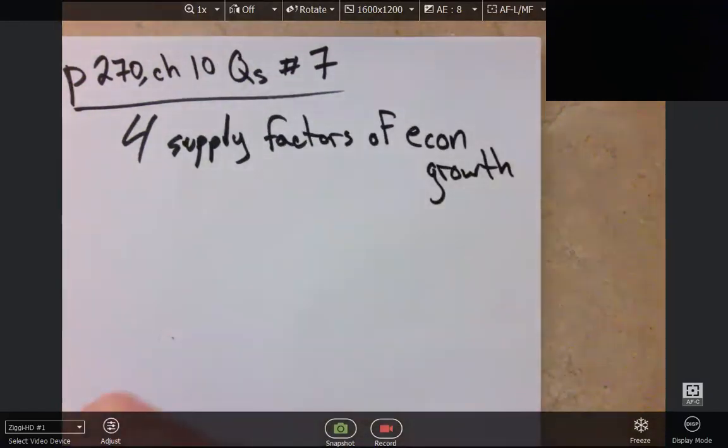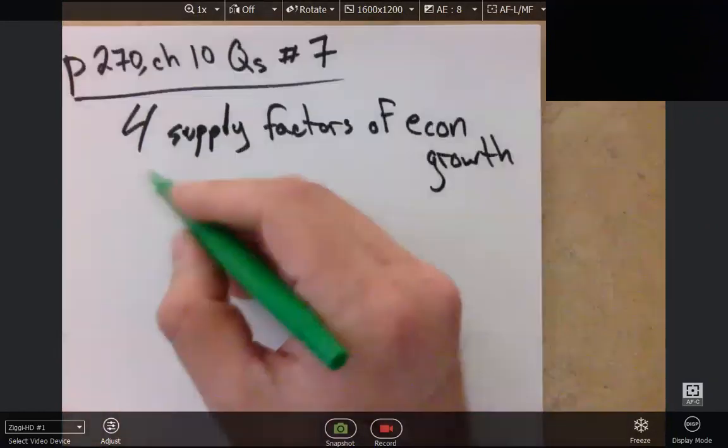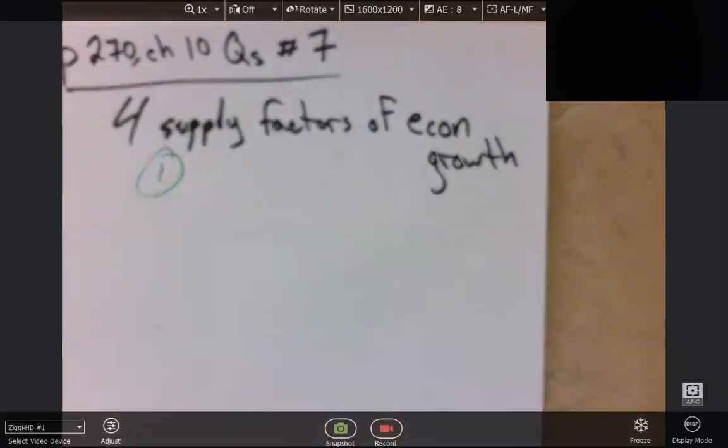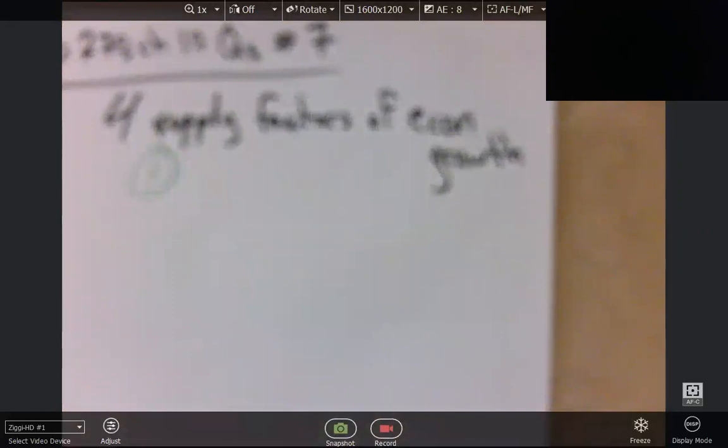So what is the first supply factor? These are kind of the bottlenecks, right? If we don't have these, then we can't produce the stuff for people to even demand, right?